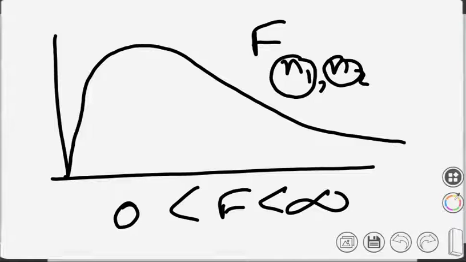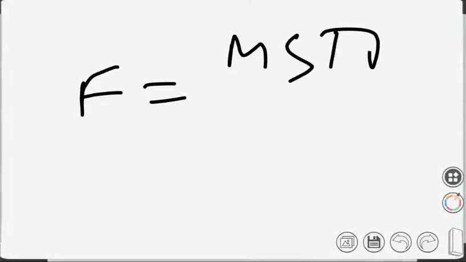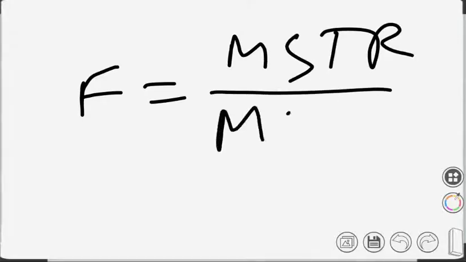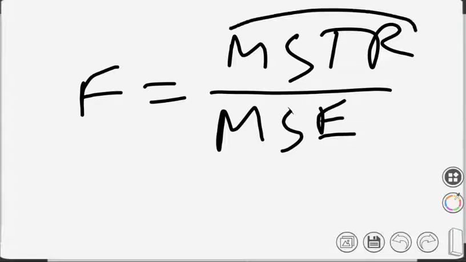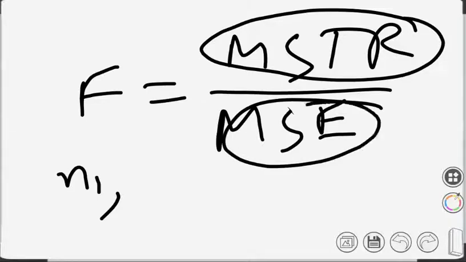And for ANOVA, we have written F as MSTR by MSE. For MSTR, the degrees of freedom is n1. For MSE, the degrees of freedom is n2.